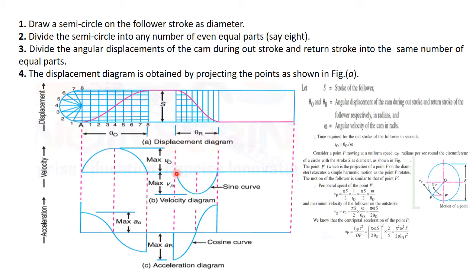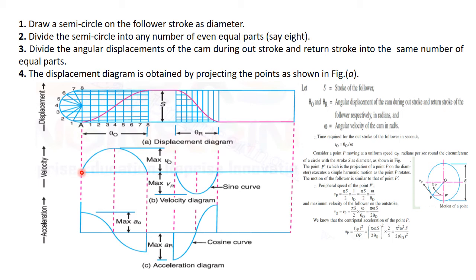Here the follower will be in the resting position, therefore velocity will be 0. And we draw a curve like a sine curve. With the help of the displacement diagram, we have drawn the velocity diagram. Here the acceleration diagram will be drawn with the help of the velocity diagram.